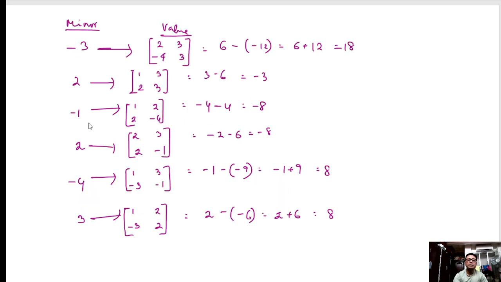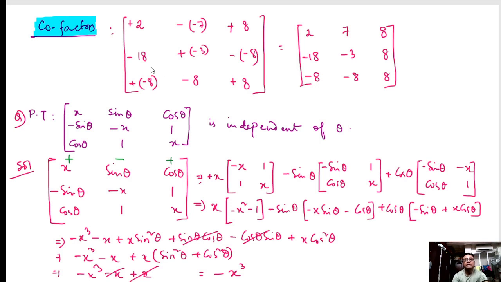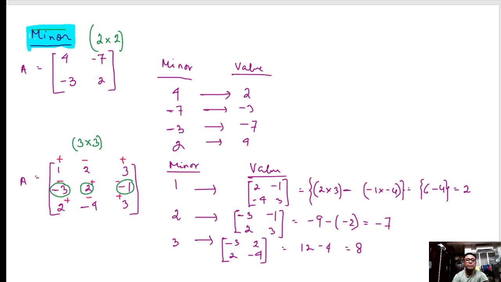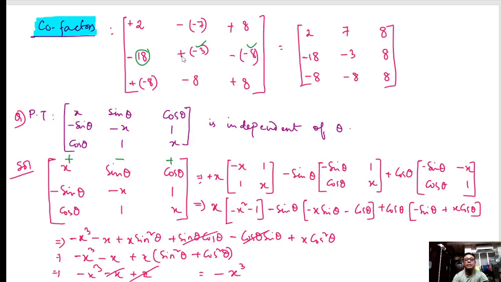For -3 it is 18, for 2 it is -3, for -1 it is -8. So we have to put them here. This is how we have put 18, -3, -8, and now we are putting the position values of it. What were the position values? Minus, plus, minus.